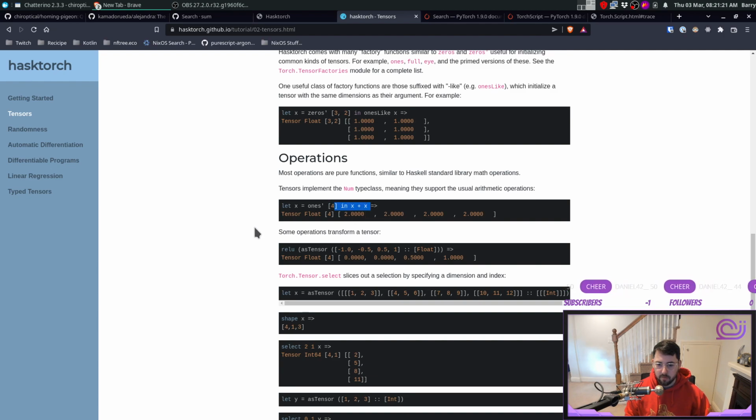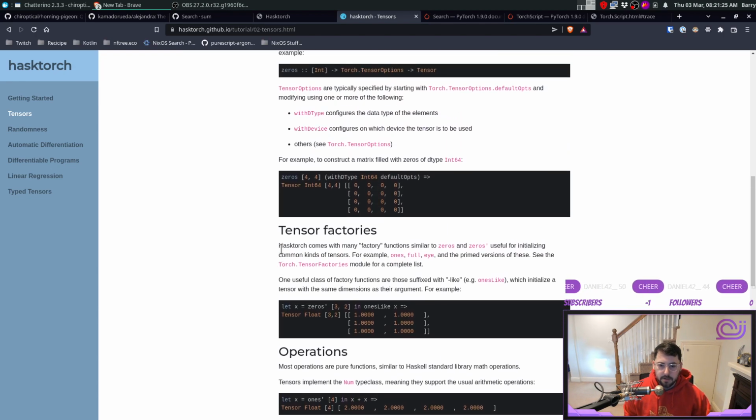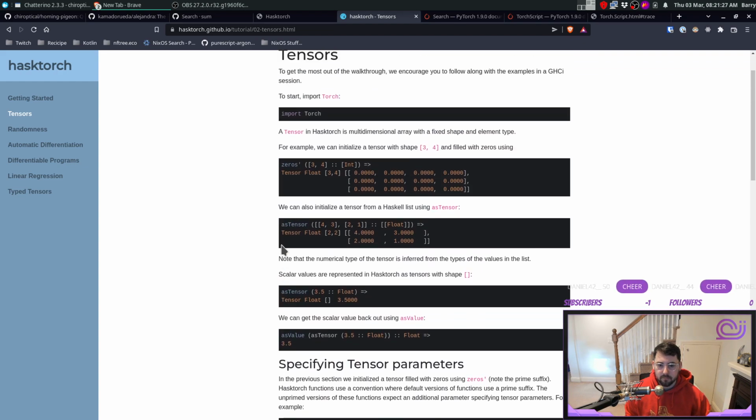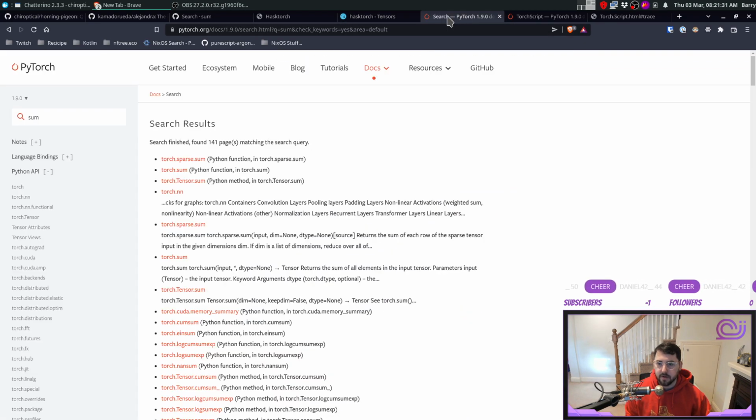I guess we don't need to get the value back out, but I was just curious how you do that. I don't remember what that is called in Torch. So let's look that up.